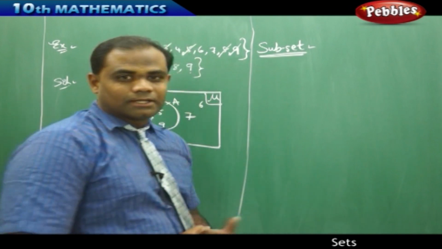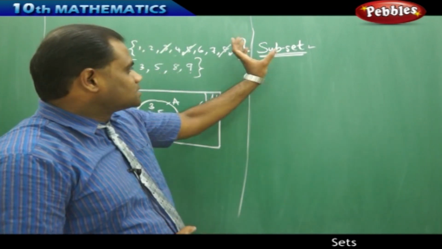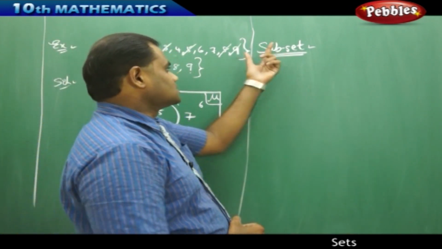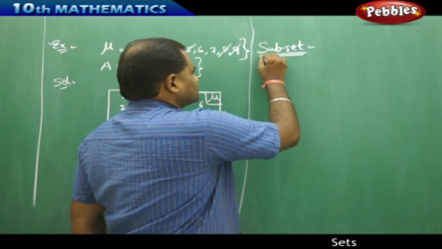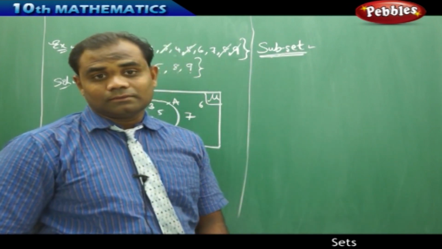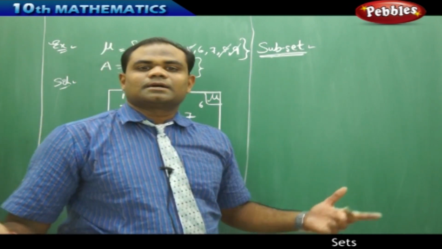As I see the word subset, I clearly understand that it is a sub or the part of the given set. Sub is part and the set is itself. So the part of a set is a subset.